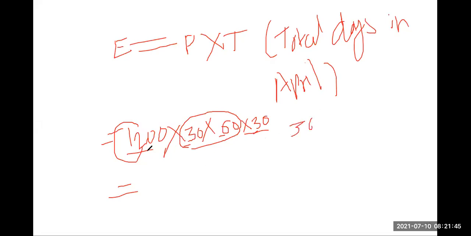See what I'm telling you: 12 into 3 is 36. 36 into 6, 3 is 18. 18 6 are 108, so the 10 goes upside. 18 3 are 54 plus 10.